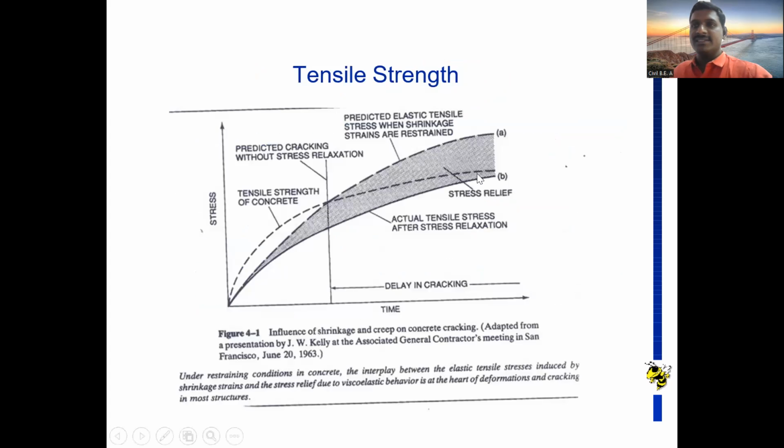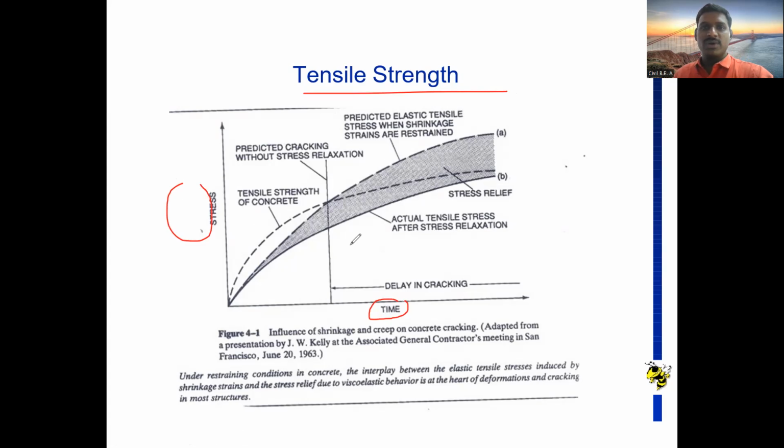So the next test we can conduct on the concrete is the tensile strength. Generally we conduct tensile strength by the split tensile test on the concrete. Here the time is given, and tensile stress is given. We generally know the concrete is weak in tension.